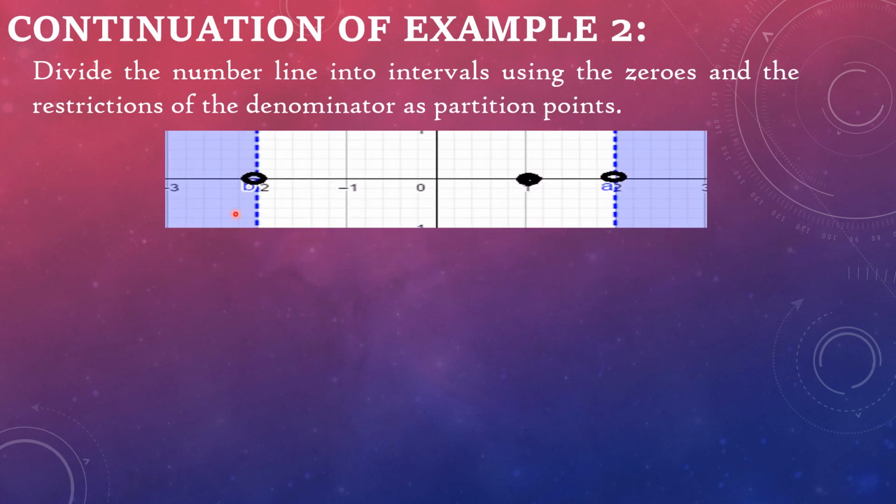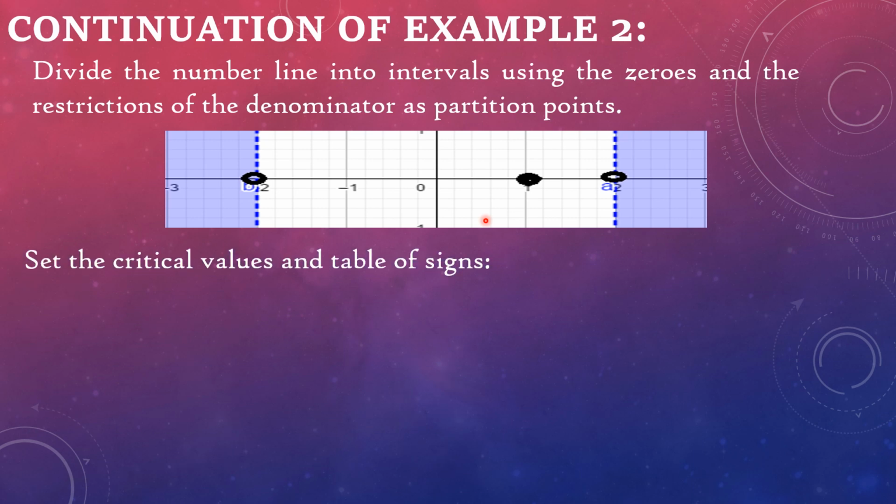We recall that the restricted values for the denominator are x equal to positive 2 and x equal to negative 2. So here is our negative 2 and here is our positive 2. And this shaded circle here is 1, which is the zero of our numerator. So we will use this number line to get the intervals.